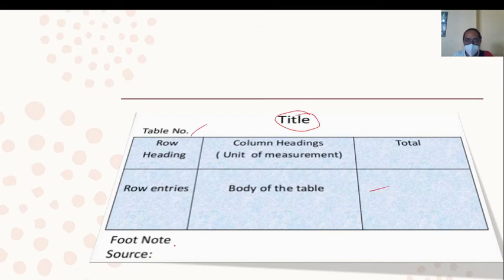Footnote: kung may mga symbol tayo or mga words na masyadong malalim, ilagay natin siya dito. And the source or the reference. It's an example of tabulation.